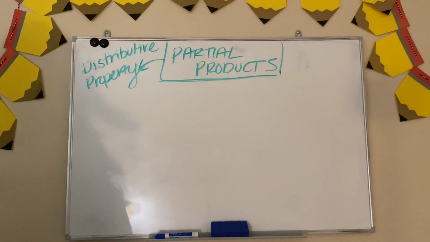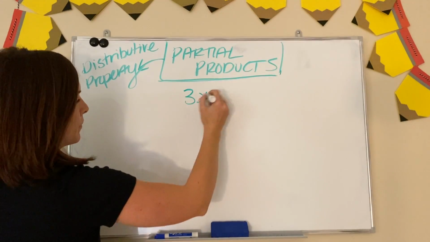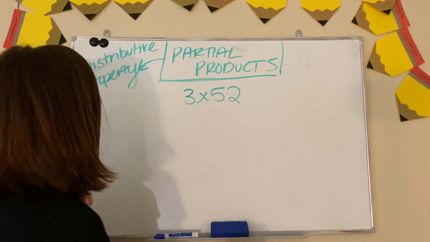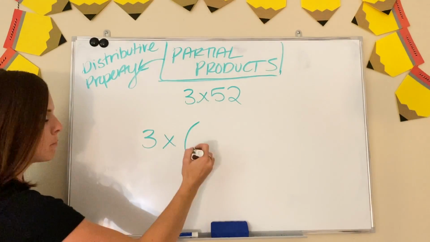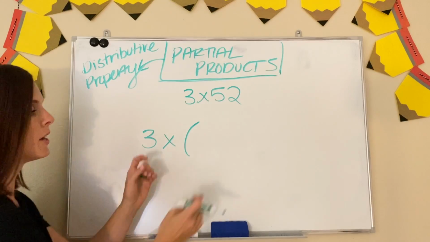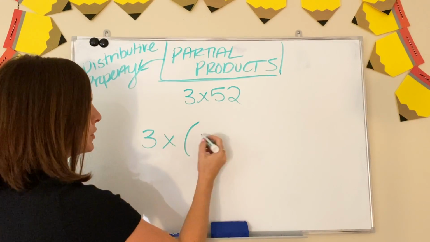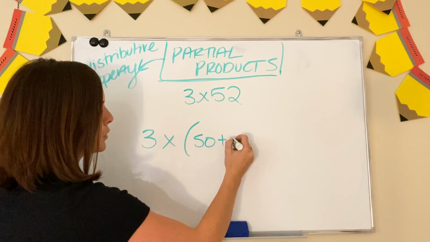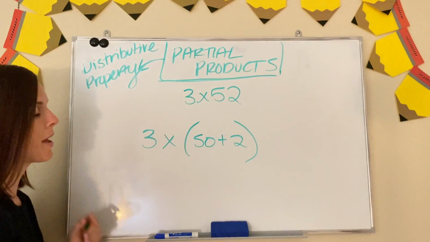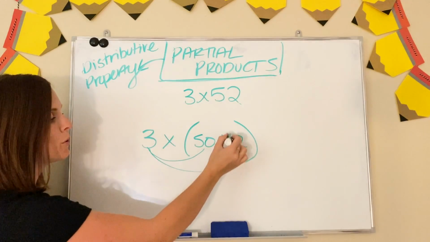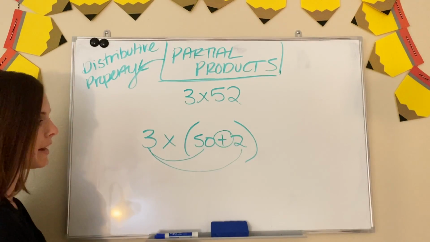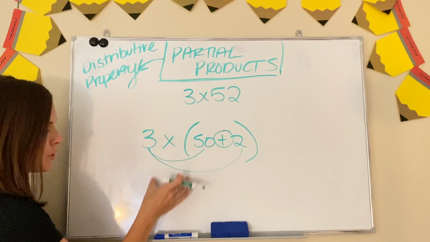We're going to do 3 times 52. Okay, so take your 3 and we're going to multiply it times, we always start out like this. What are you breaking apart from the 52? Pull out the 50 plus the 2, okay? So that means I'm going to multiply 3 times a 50 and 3 times a 2 and then add that together to find our answer. So rewrite your steps.